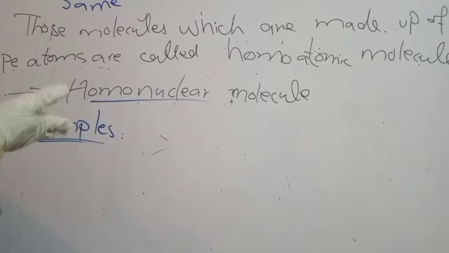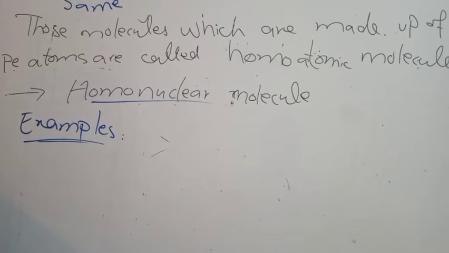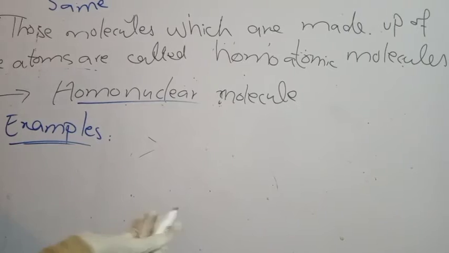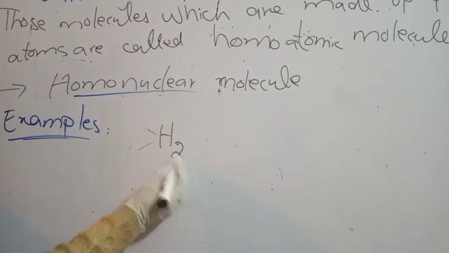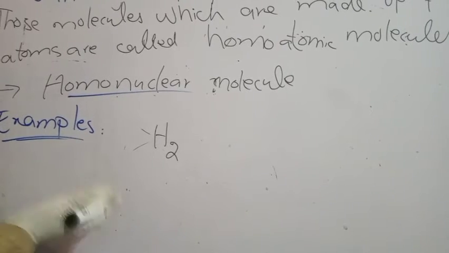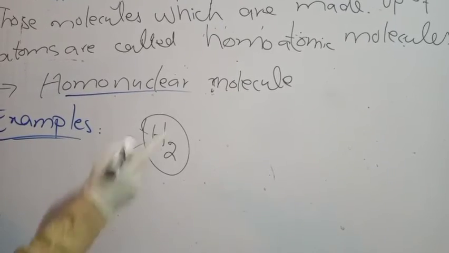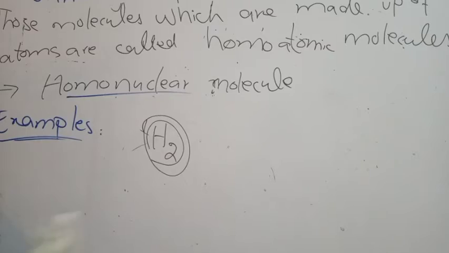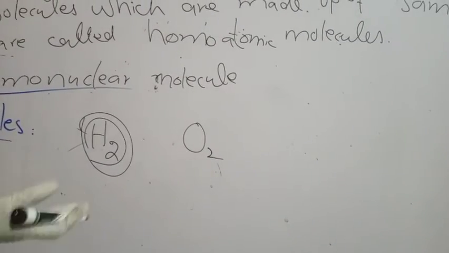Examples: the hydrogen molecule is made up of 2 hydrogen atoms, and hydrogen atoms are the same. The oxygen molecule also has the same type of atoms, so it is a homoatomic molecule.